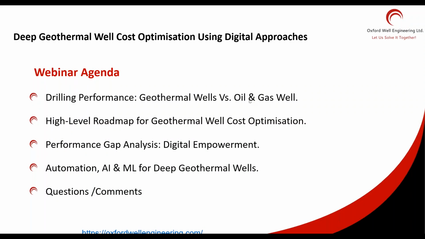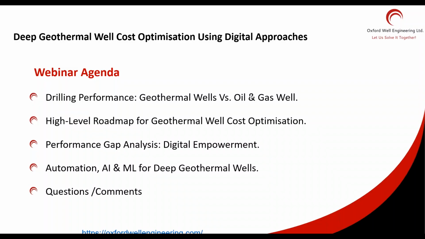And then lastly, we talk about a little touch of automation, AI, and machine learning for deep geothermal wells. Automation, AI, and machine learning are getting cheaper, and so are the data technologies. In the past, you needed to find someone who understands them. Now it's flourishing thanks to the oil and gas industry, because they are big investors in automation.